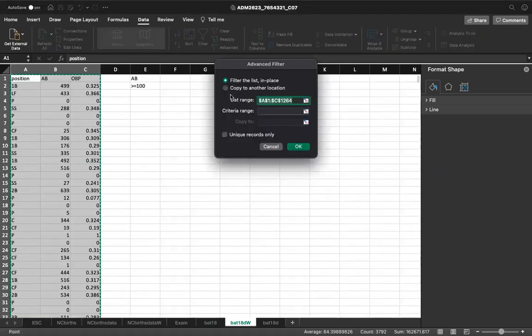Data, advanced filter, filter the list in place. This is the range of the list. Criteria range is here. All right, we say okay.